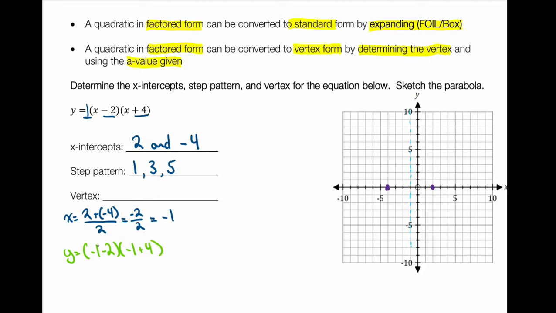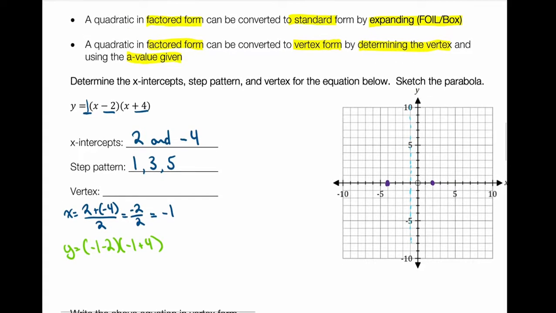So y equals -1 minus 2, so -3, times -1 plus 4, so +3. So y equals -9. That means that my vertex is the point -1, -9. So I can fill that blank in.